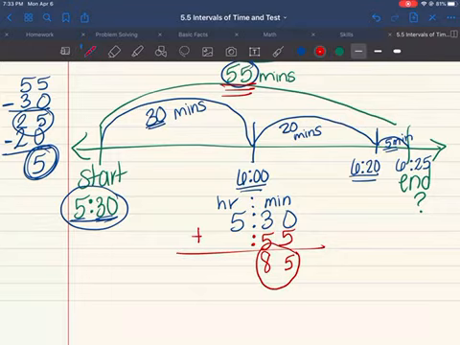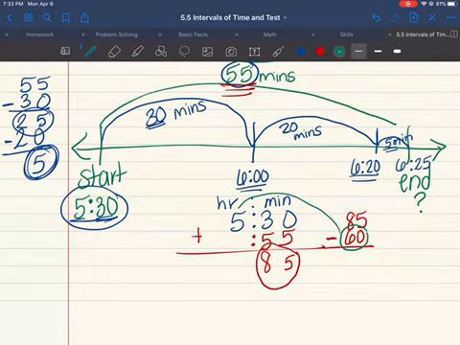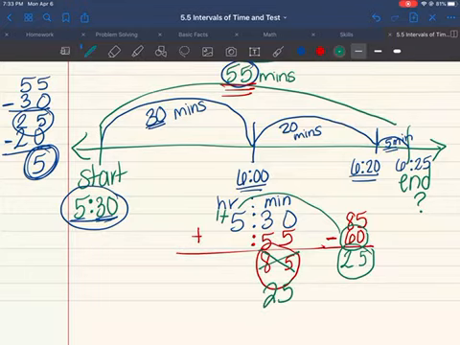Now be careful. Again, 85 minutes. Remember, 1 hour has only 60 minutes. So I'm going to take my 85 and I'm going to take away 60. Why the 60? Because that is going to become 1 hour. So 5 minus 0, 5. 8 minus 6 is going to be 2.